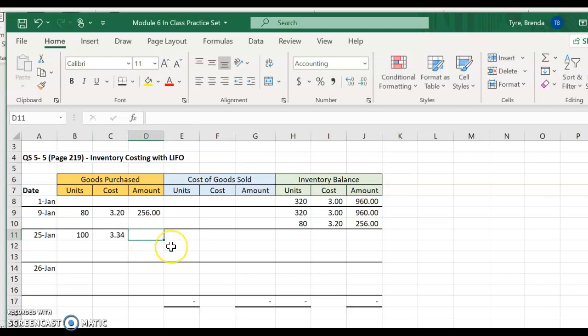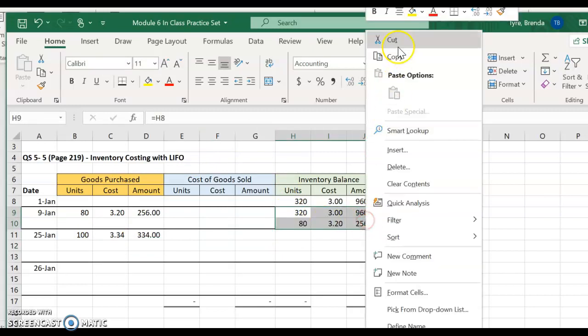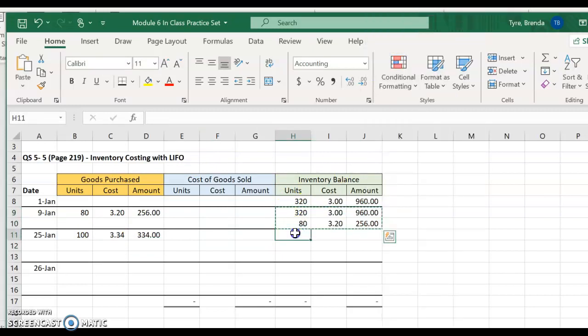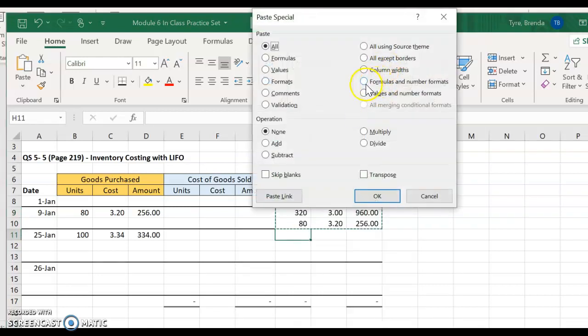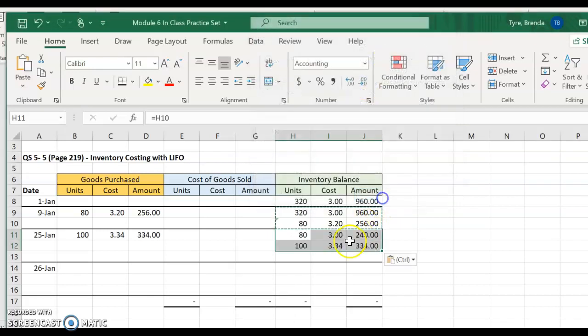Do your extension. And we know that we still have all of these because we haven't sold any. So I'm going to copy, and again, I'm going to do the paste special. I want my formatting to stay. So I'm going to say keep the formulas and number formats. Okay, and then it kept my lines where I wanted them.